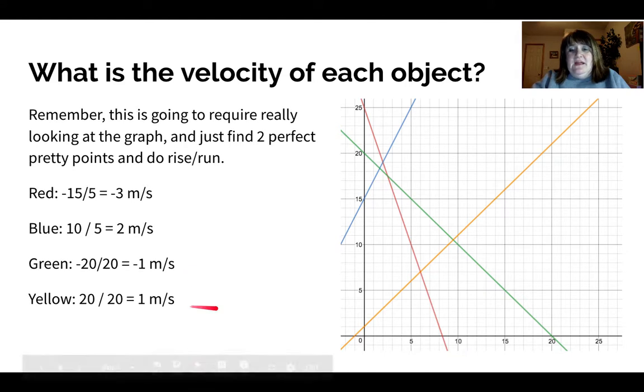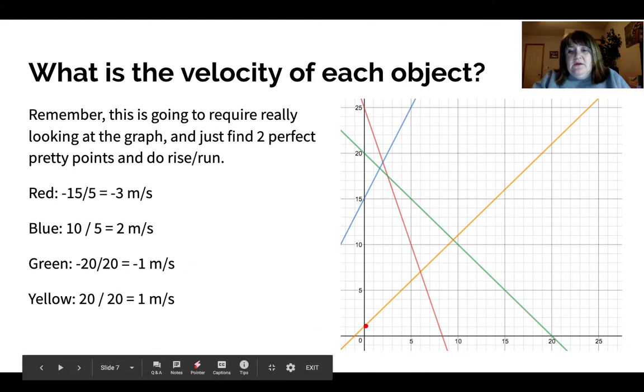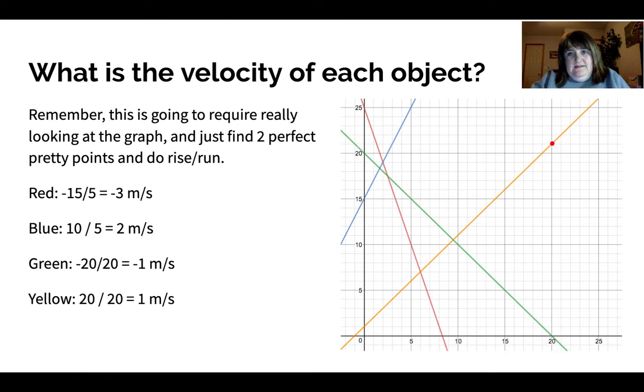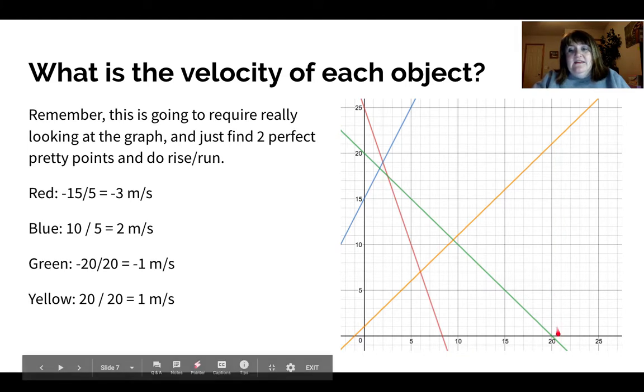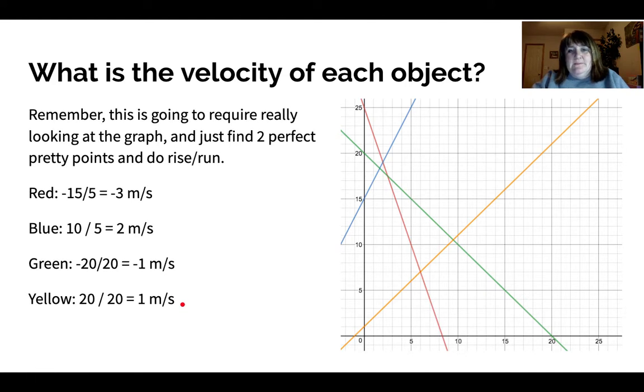And the yellow line goes from 1 to 21, okay, which is a rise of 20 in 20 seconds, which makes its velocity 1 meter per second.